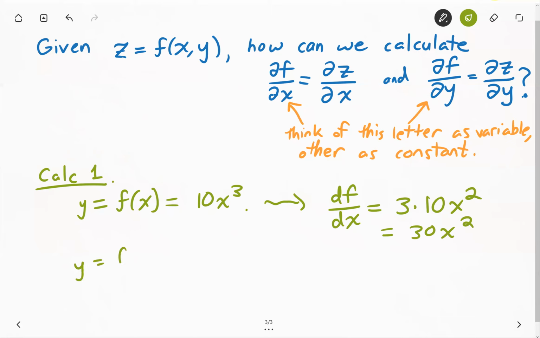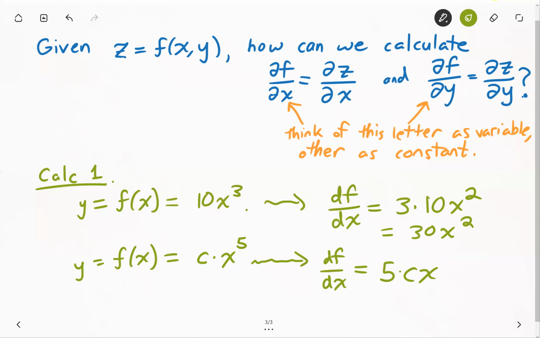And similarly, if I did a variation on this, if I said instead that f of x was the function c times x to the 5th, where c is some constant, you would apply the same rule and find that df dx is equal to 5 times cx to the 4th.